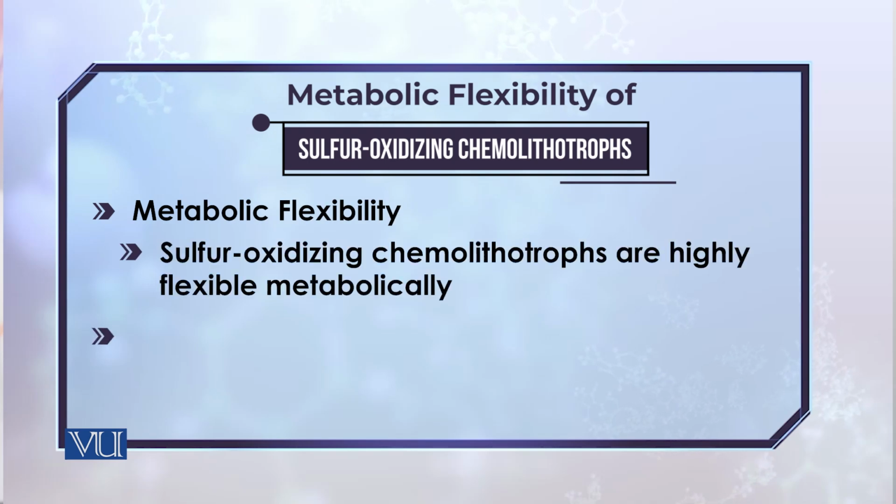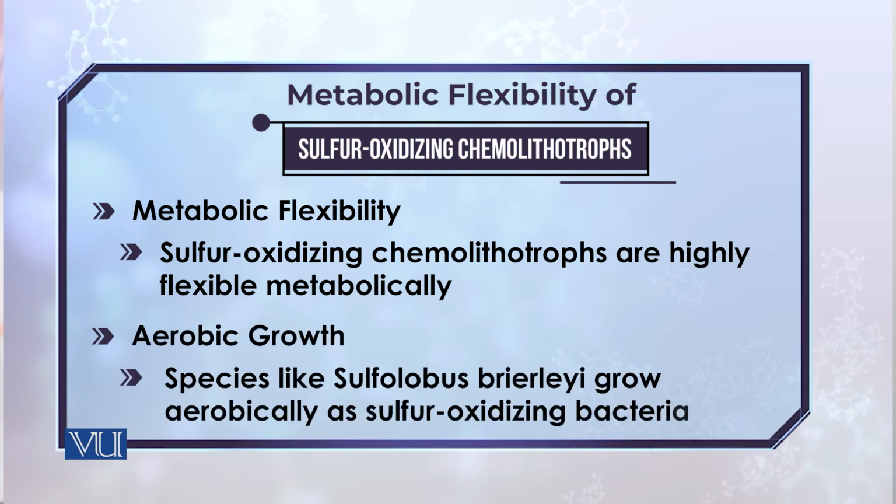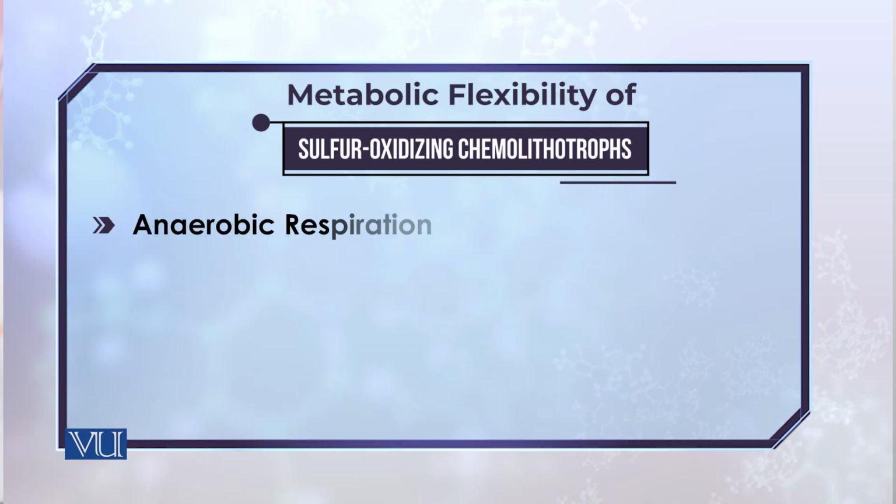Also, sulfur oxidizers are very flexible. They can grow in an aerobic environment, and they can also grow in an anaerobic environment. When they are in an anaerobic environment, of course oxygen is not present, so the sulfur component acts as the major electron acceptor.